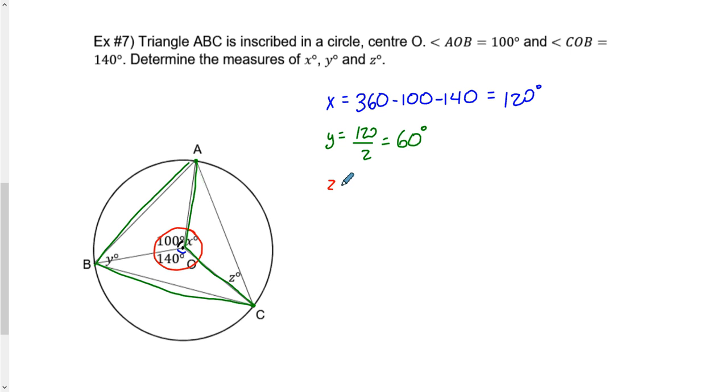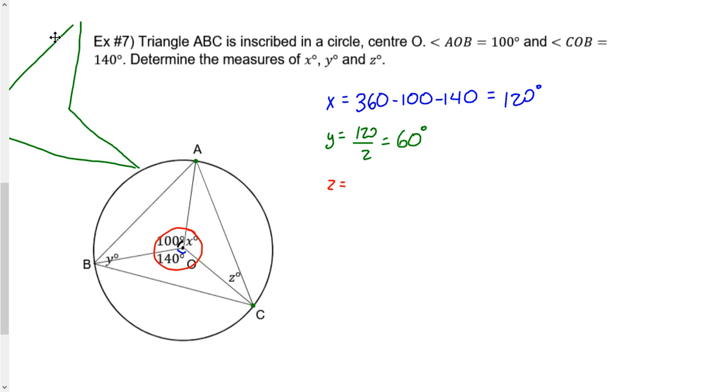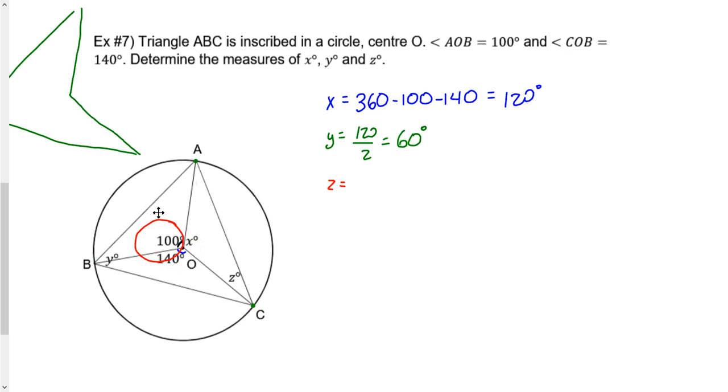So the last thing is if we want to solve for angle Z, there's a few more things we can do. This is not the only way. This one's probably the fastest though. So if I just get rid of those angles, we know that angle X is 120 degrees.